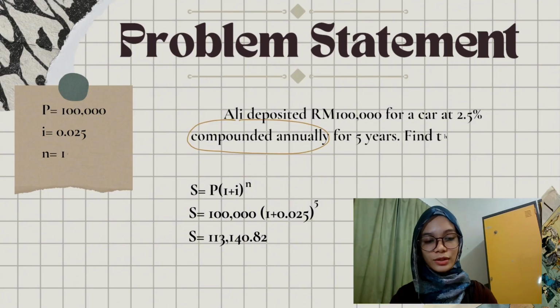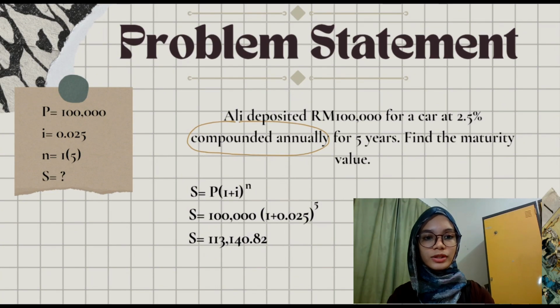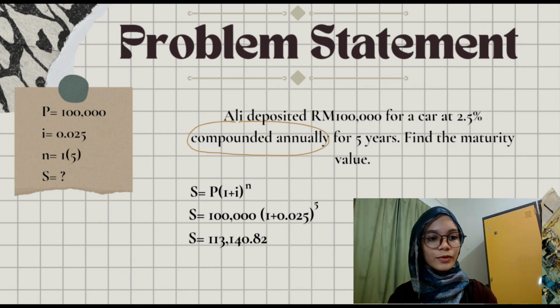For question 1, Ali deposited 100,000 ringgit for a car at 2.5% compounded annually for 5 years. Find the maturity value. So first, we need to put out all the information given in the question, which is P is 100,000, I is 0.025, N is 1 multiplied by 5, and S is what we are searching for.